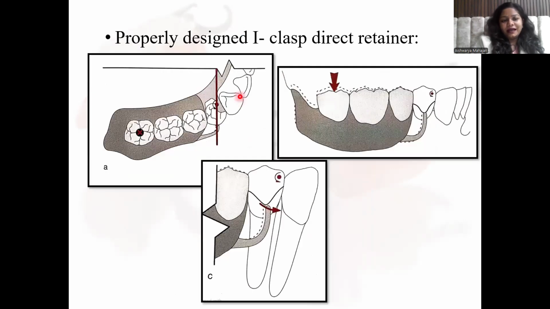If properly designed, as we have discussed with the Y clasp, when occlusal forces are applied onto the abutment, it tends to rotate along the long axis along the fulcrum line, and it moves into the retentive undercut and prevents the dislodging force or the harmful forces onto the abutment tooth.